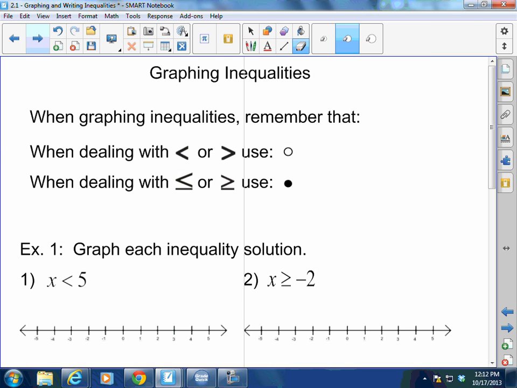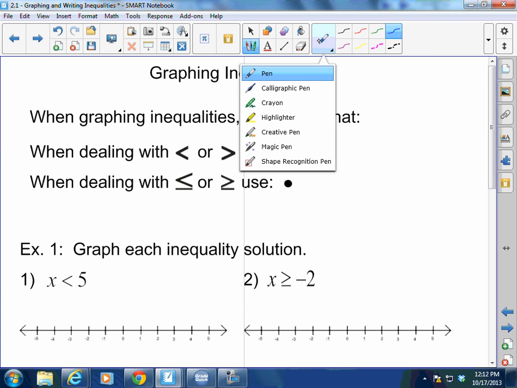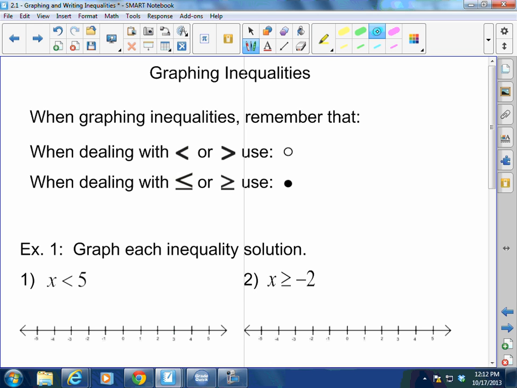It's an open circle. Now, if I'm going to use less than or equal to, or greater than or equal to, I'm going to use a solid circle. Now, the question that most people would never ask, but I'm going to hopefully answer for you is, why, Mr. Morrow?